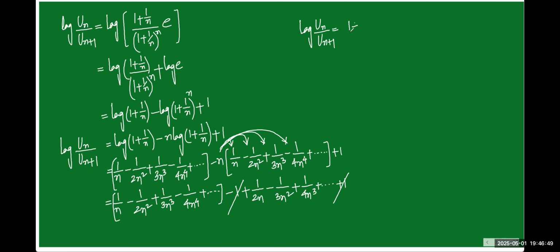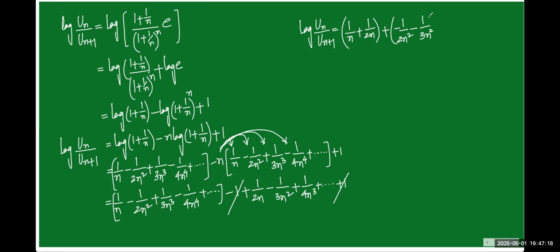1 by n plus 1 by 2n. Okay, after that let us add the square terms: plus minus 1 by 2n square minus 1 by 3n square.